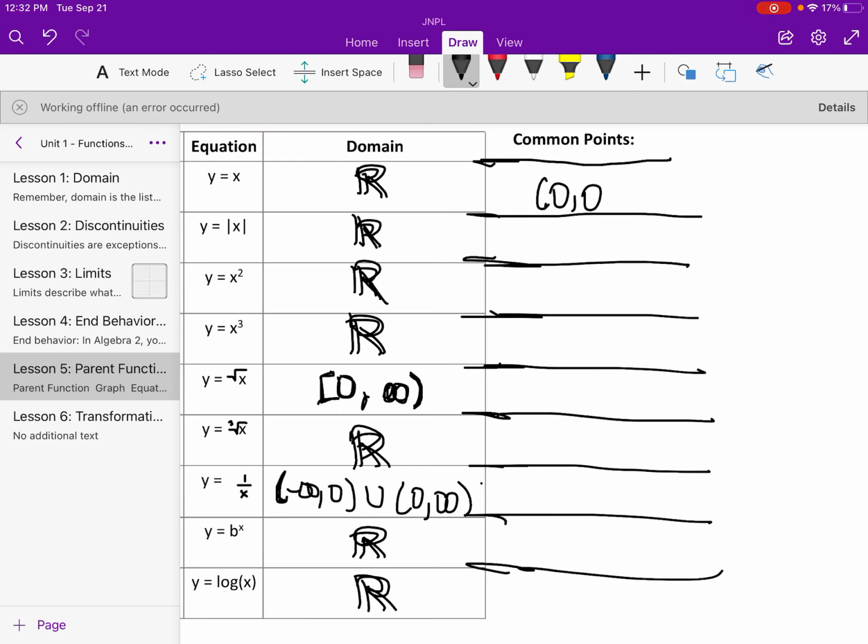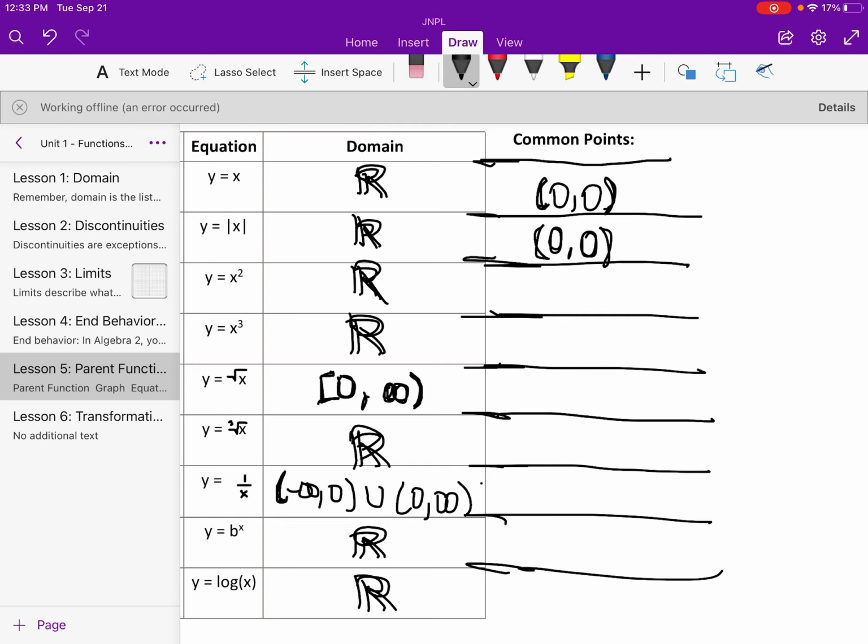And why we need to know this is the next lesson's on transformations, and you can use that point to know where the new thing would be. And that's what we've done before in Algebra 2. Absolute value of x, we can also know that there's 0, 0 there. Well, actually, these functions, most of them do have that as a point.